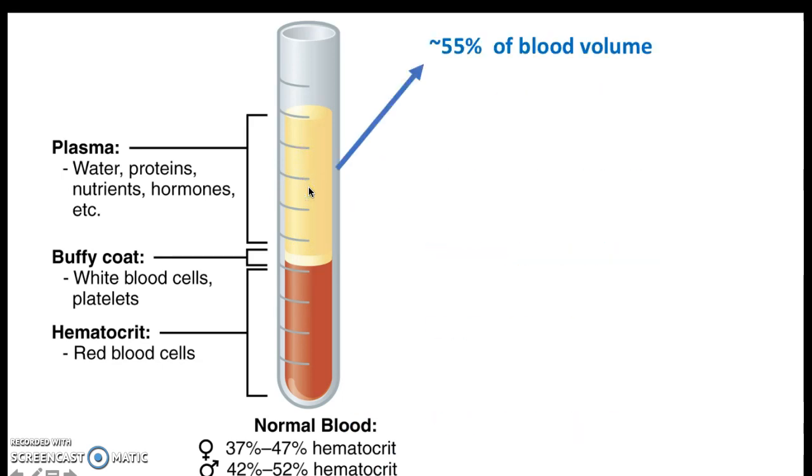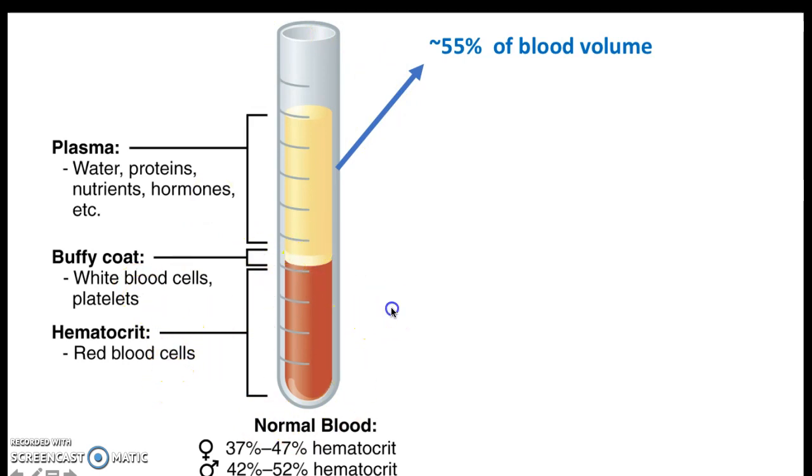The plasma comprises about 55% of the total blood volume, and about 90% of that is actually water. So the vast majority of plasma is water. There are a good number of proteins present as well, and other chemicals and electrolytes, hormones and chemical messengers. The cellular elements are at the bottom, our red blood cells and white blood cells.